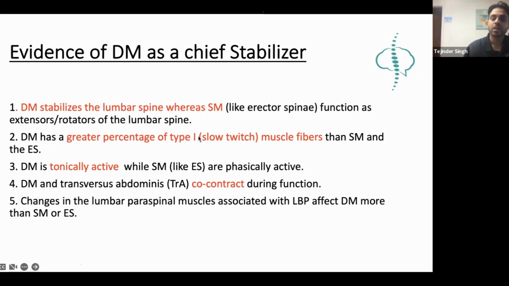They have a greater percentage of slow twitch, or type 1 fibers, which means that even at rest, deep fibers of multifidus are still activating. So they are tonically active with arm movement and trunk motion. Your deep fibers of multifidus are always working.